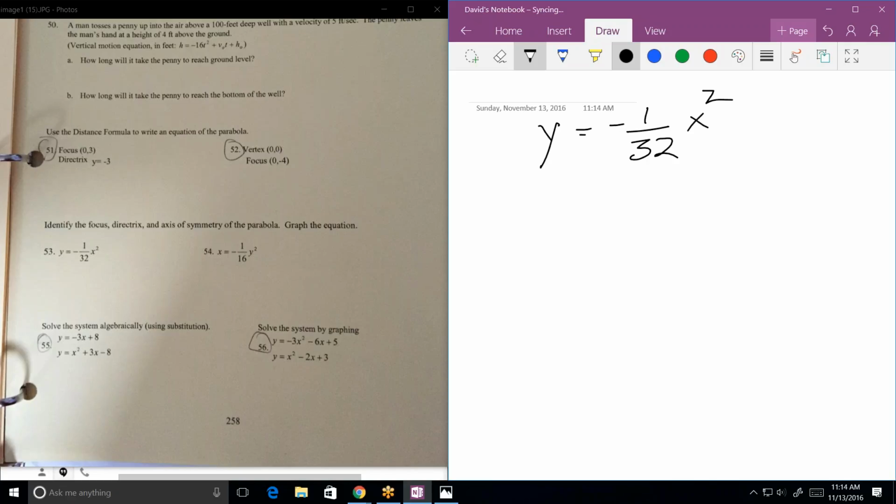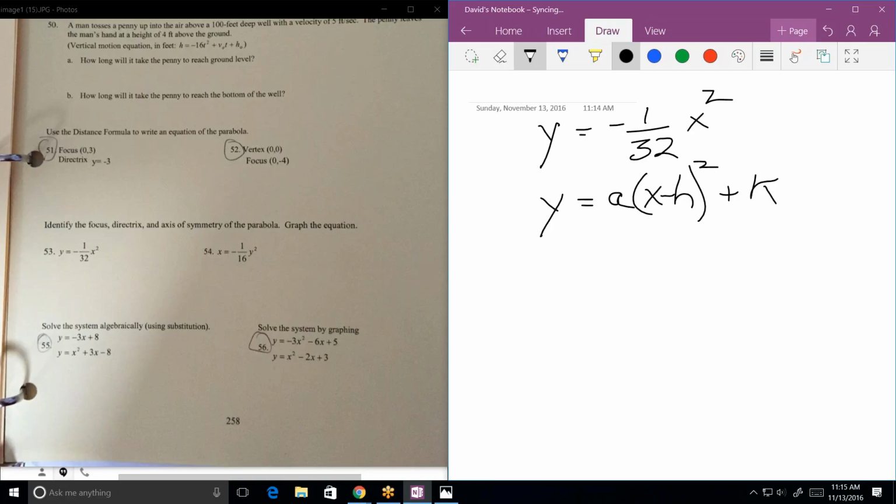Okay. What's the standard format for a parabola? Y equals x squared. Well, let's use the full format that we learned, just like with some of the previous problems. That's the vertex format, okay?